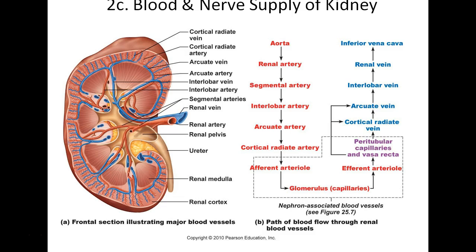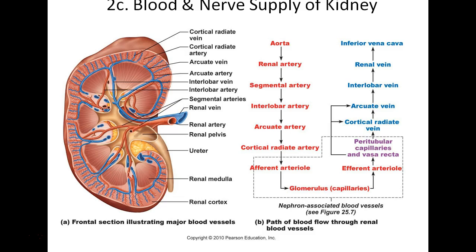And then arteries branching from the renal artery are called segmental arteries. And then after branching from the segmental arteries, they're going to travel through the renal columns towards the corticomedullary junction. And those are going to be called interlobar arteries.